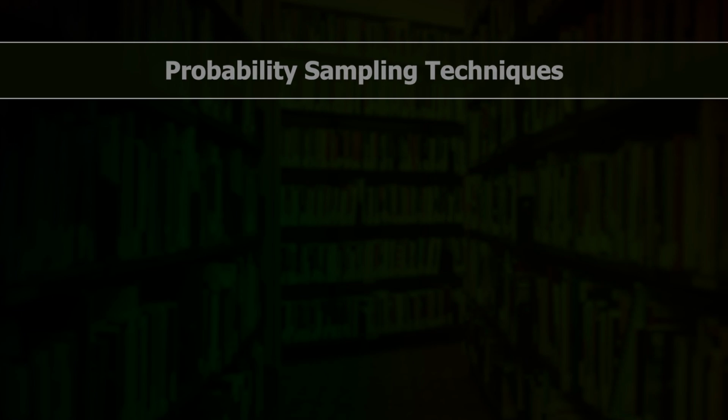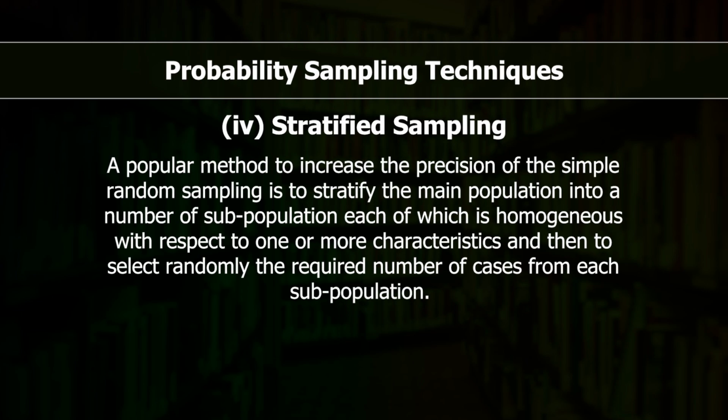Fourth type, stratified sampling. In this method, the population is divided into few groups so that they can be compared to each other. A popular method to increase the precision of simple random sampling is to stratify the main population into a number of subpopulations, each of which is homogeneous with respect to one or more characteristics, and then to select randomly the required number of cases from each subpopulation.